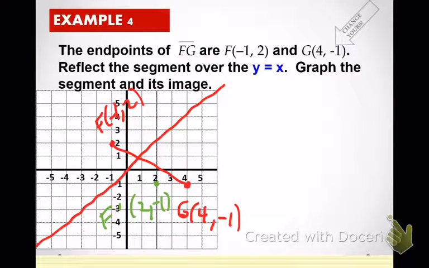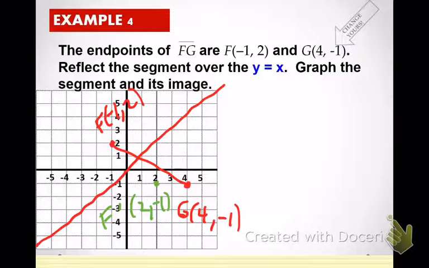And G becomes what? Tiffany, what does G become? Negative 4, 1? No, you're not changing the sign. Negative 1, 4. Right, negative 1, 4 up. So that's going to be up here, right in the middle of where I labeled the other point.